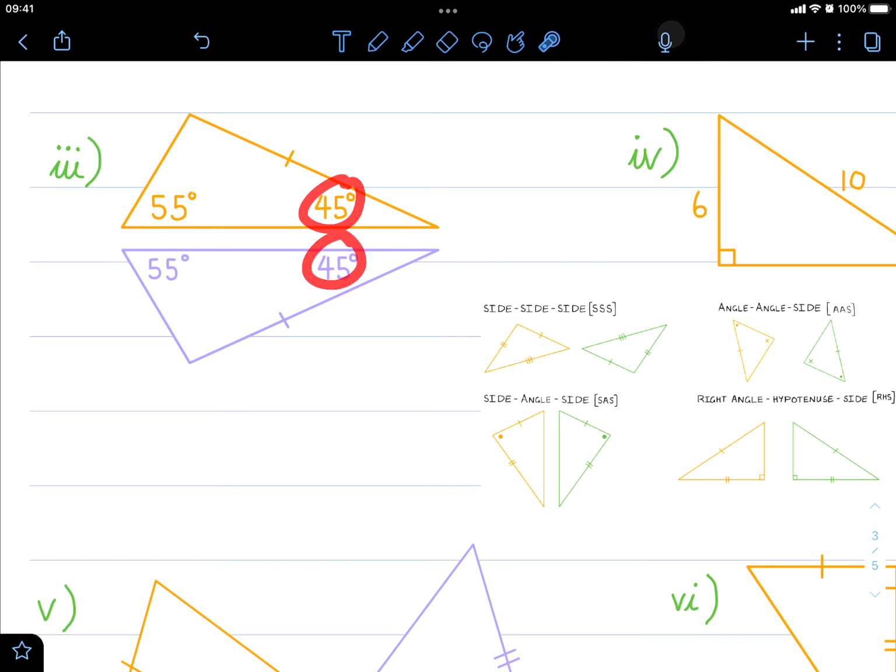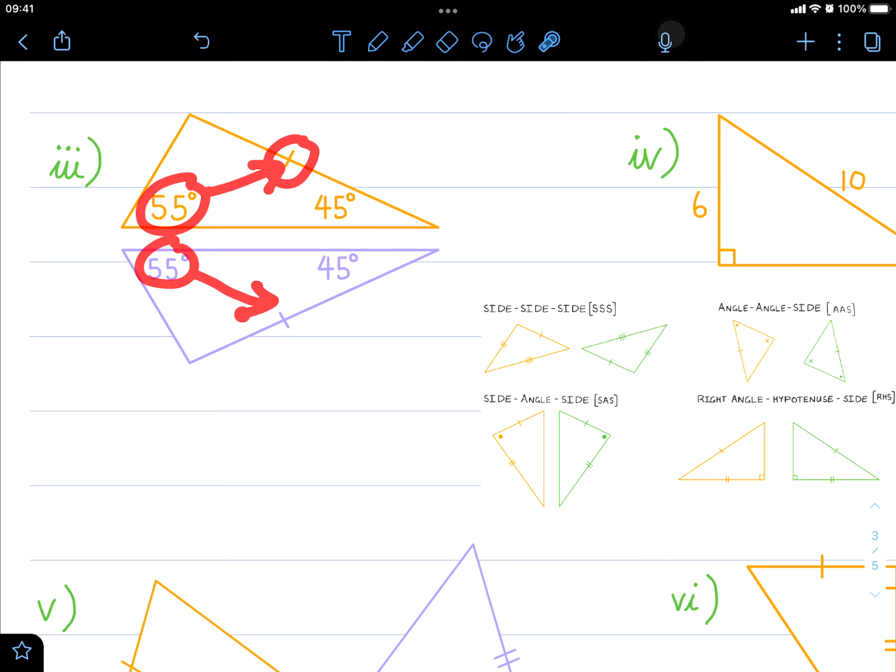We have 2 pairs of matching angles. So we can already see angle, angle. And we have one side. But not only that, 55 is opposite the given side, and it's the same in the other triangle. So for this one we have angle, angle, side. So this one is AAS.